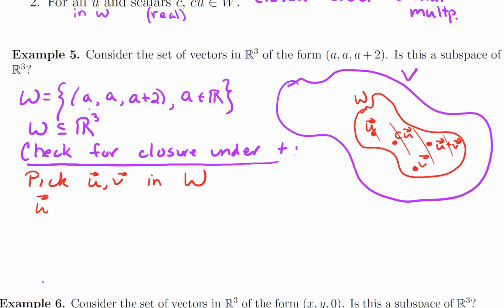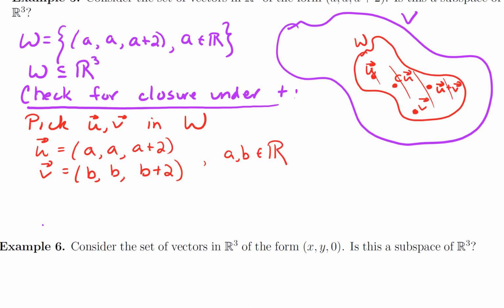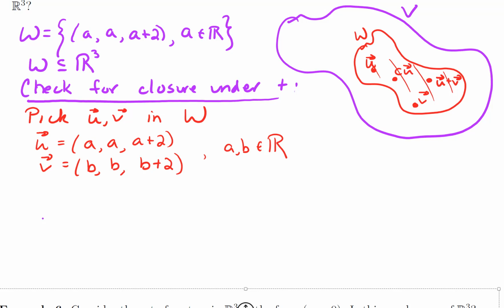That's the defining feature of living in W. So U must look like (a, a, a plus 2), and V must look like (b, b, b plus 2), where a and b are real numbers. So the question is, what happens when we add up U plus V? Do we stay in W or do we fall outside of W?